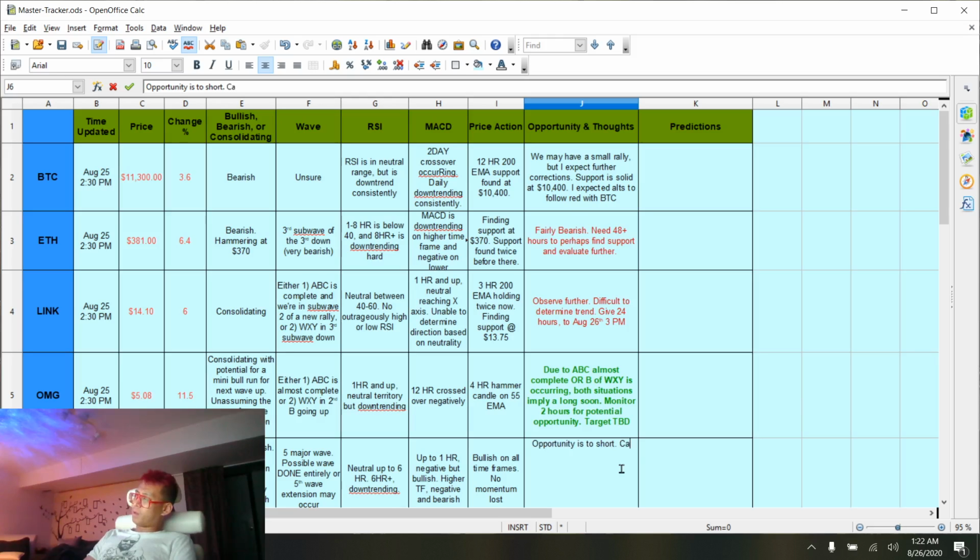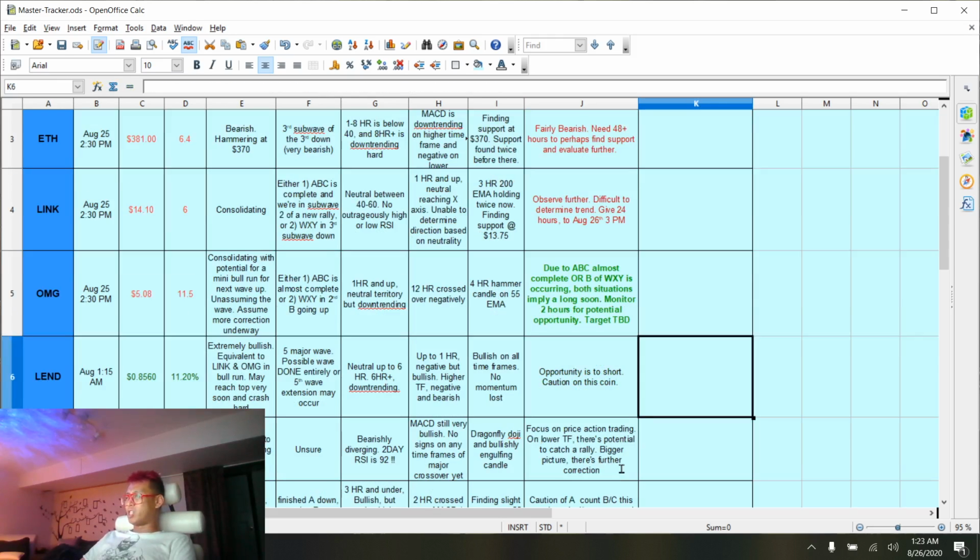Caution on this coin. That's kind of just my general thoughts on it. But in terms of my prediction, it would be predicting one more subwave up or fifth wave extension.